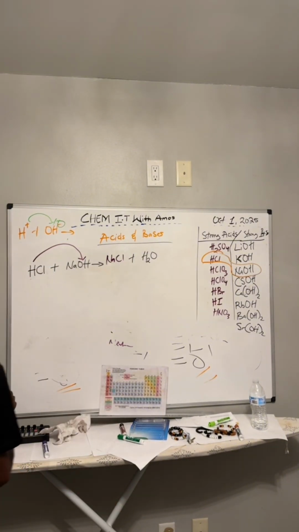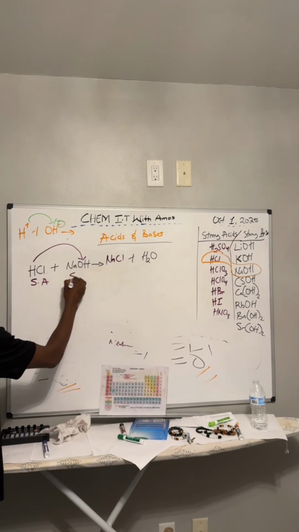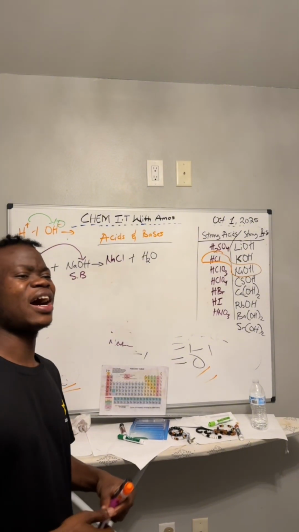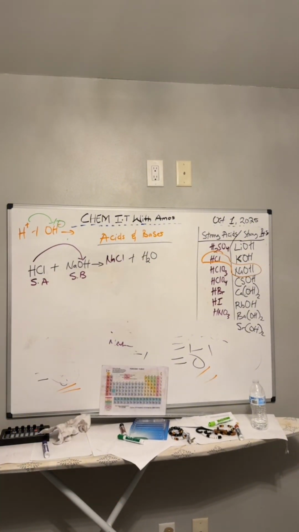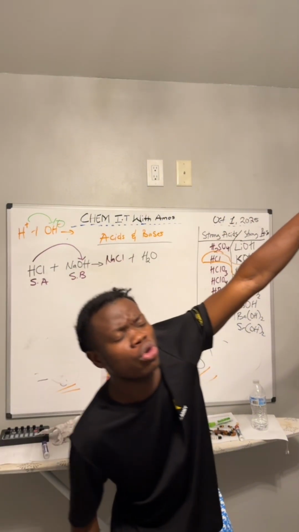So first we can say this is a strong acid, SA. And this is a strong base, SB. So the next step is to identify the conjugate acid and the conjugate base. Remember we said that acid forms conjugate base, base forms conjugate acid. When an acid donates or loses H, it forms conjugate base.